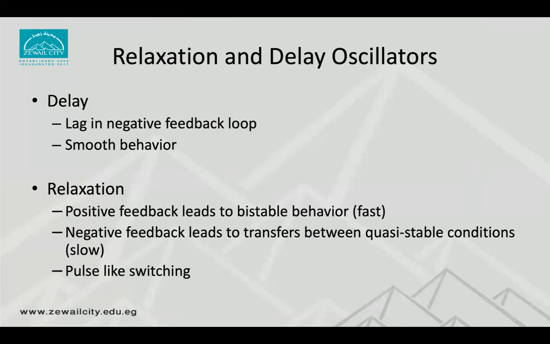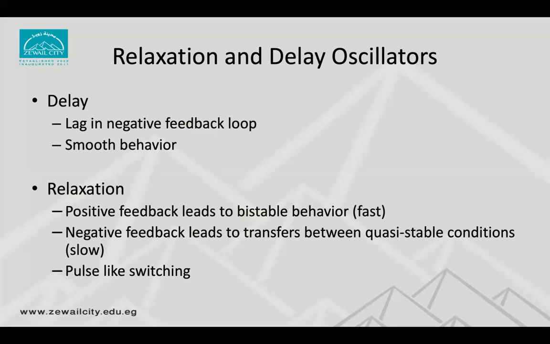Okay, so in general, what are the characteristics of the mathematical system that would give rise to these different behaviors, in particular oscillations? There are basically two types of oscillators, called delay oscillators and relaxation oscillators. A delay oscillator takes place when you have negative feedback, but it's slow.